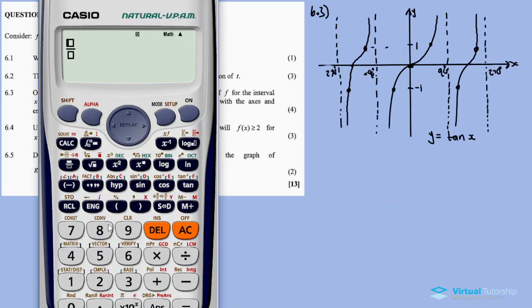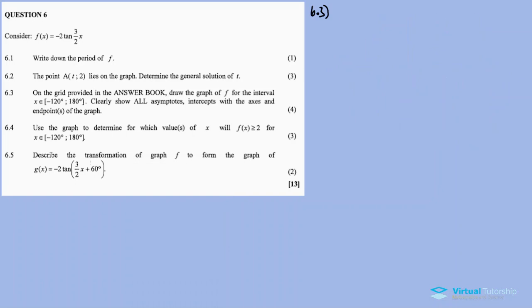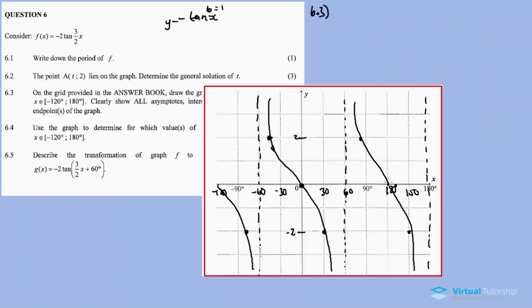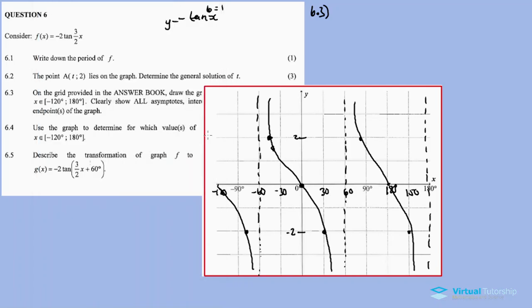So just like with the asymptotes, you do the same thing. 180 degrees divided by 3/2 is equal to 120. So that's why it turns at 120, because on the parent function it was 180. So divide by b so that I understand where my graph turns. So this is our sketch.